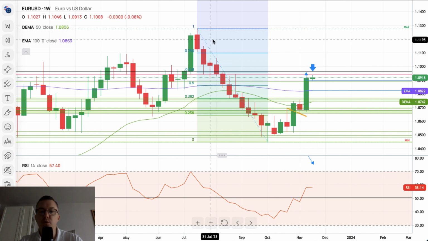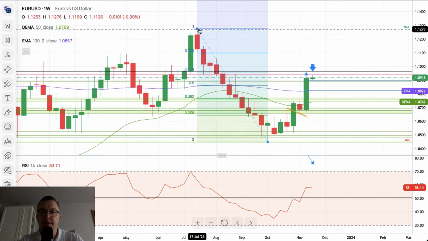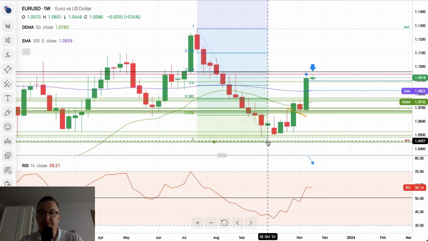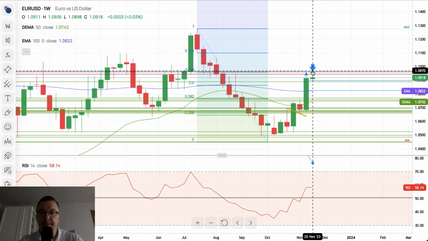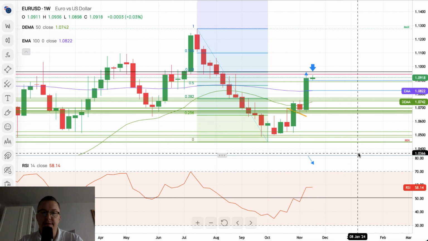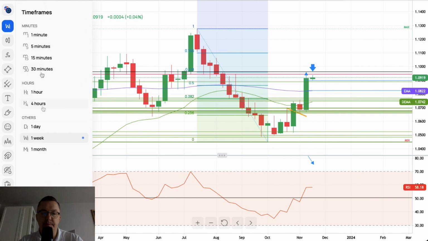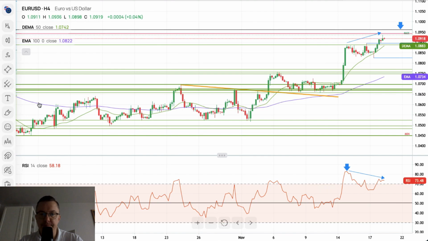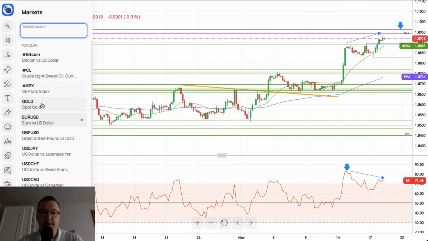So what we should expect is the direction to the downside. This is a counter trend movement, and then the downside should be continued on the weekly time frame chart. On the euro dollar, only a sustained breakout above this big black line would change the temporary outlook to more bullish. Okay, so that was the euro dollar.